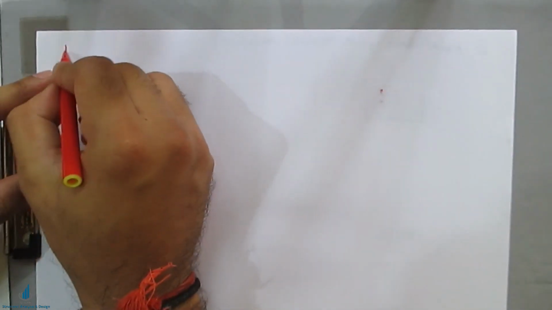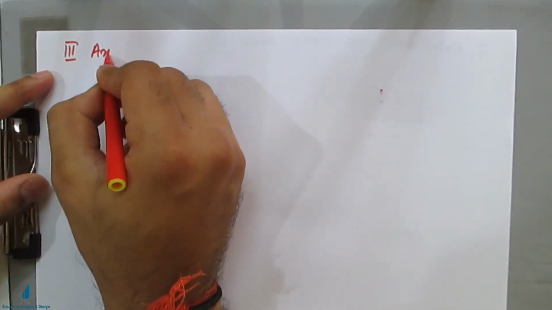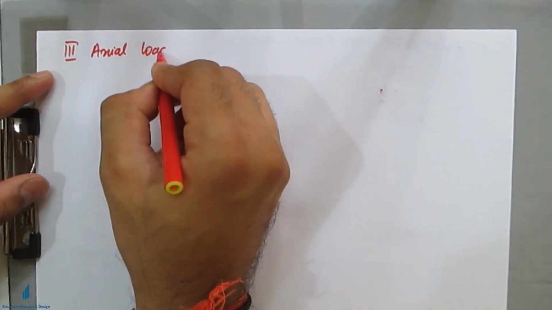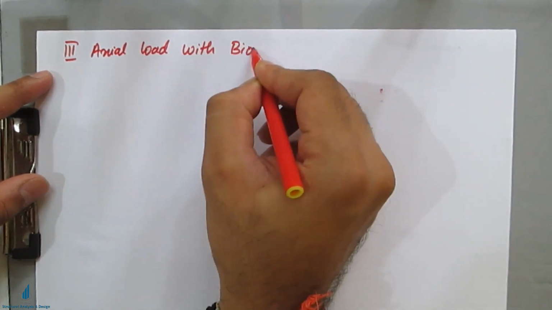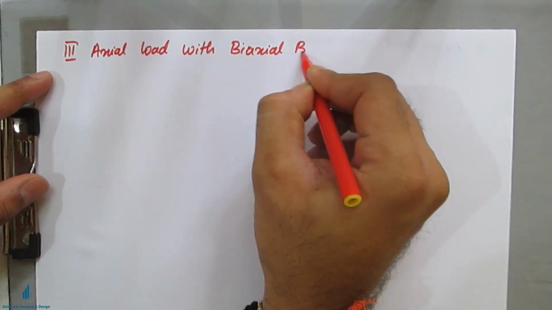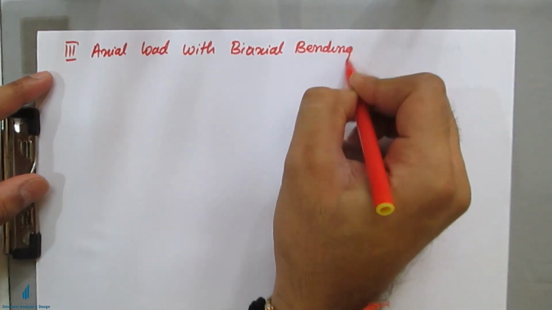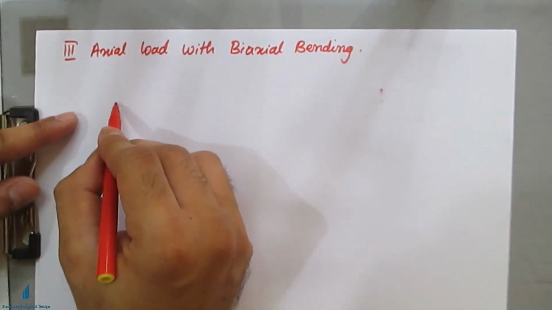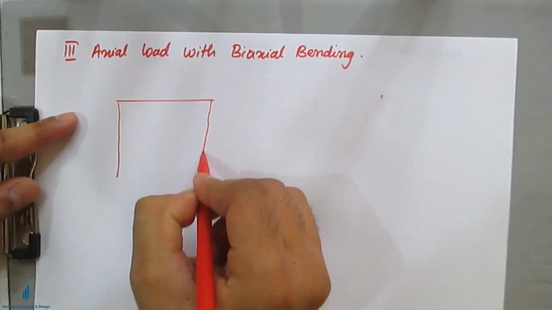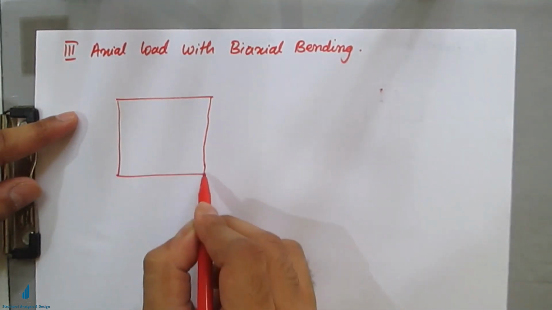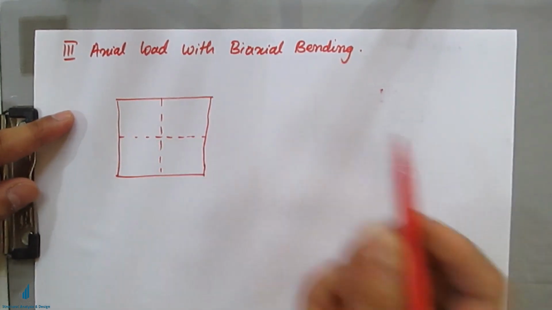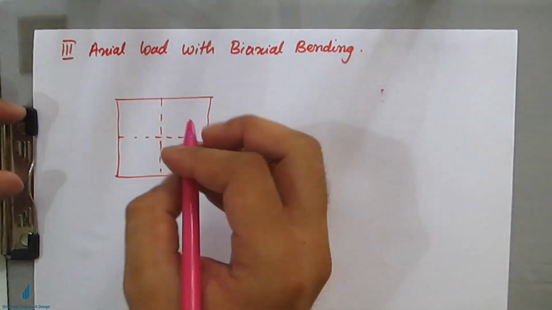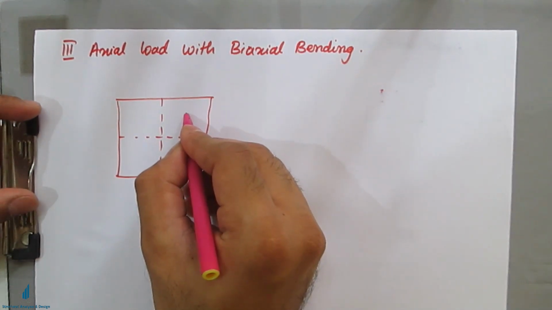So the next, third type is axial load with biaxial bending. Again I will take one section, this time a little bigger. So these are the axes. Now what happens, the load will act somewhere here.